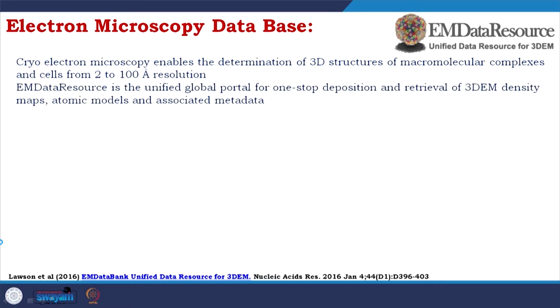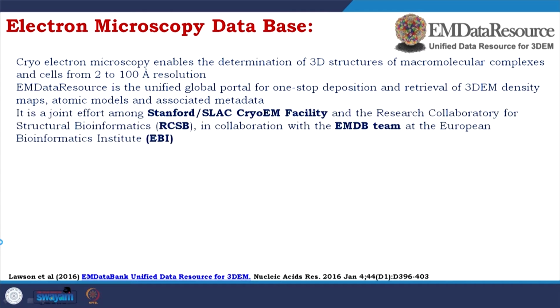EM Data Resource is the unified global portal for one-step deposition and retrieval of 3D electron microscopy density maps, atomic models and associated metadata. It is a joint effort among the Stanford SLAC Cryo-EM facility and the Research Collaboratory for Structural Bioinformatics, which is RCSB, in collaboration with the EMDB, the Electron Microscopy Database team at the European Bioinformatics Institute, or EBI.